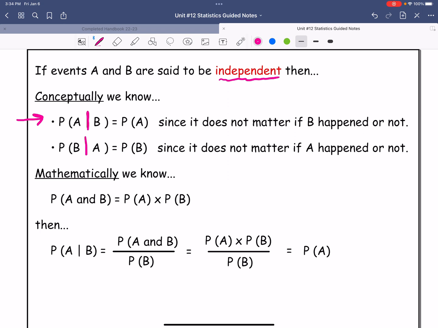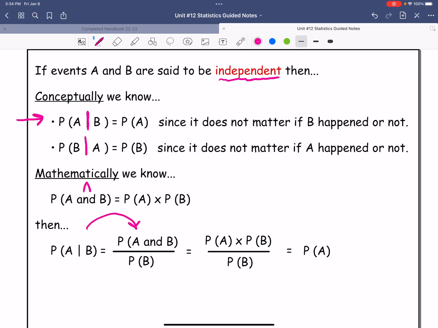Now, mathematically, we know for independent events, the intersection, we multiply the two probabilities. So the probability of A given B is the probability of A and B over the probability of B. That's the definition of conditionals.